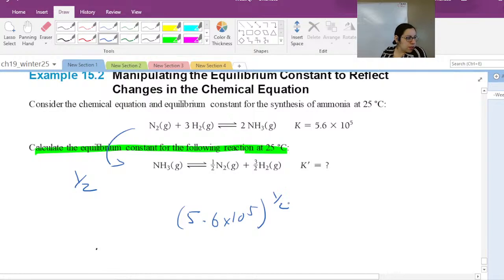Square root of it, and then what else do we notice? One of them's split, the other one sort of becomes one molecule. So, what was initially two reactants on one side? So it's going to be the one over that.